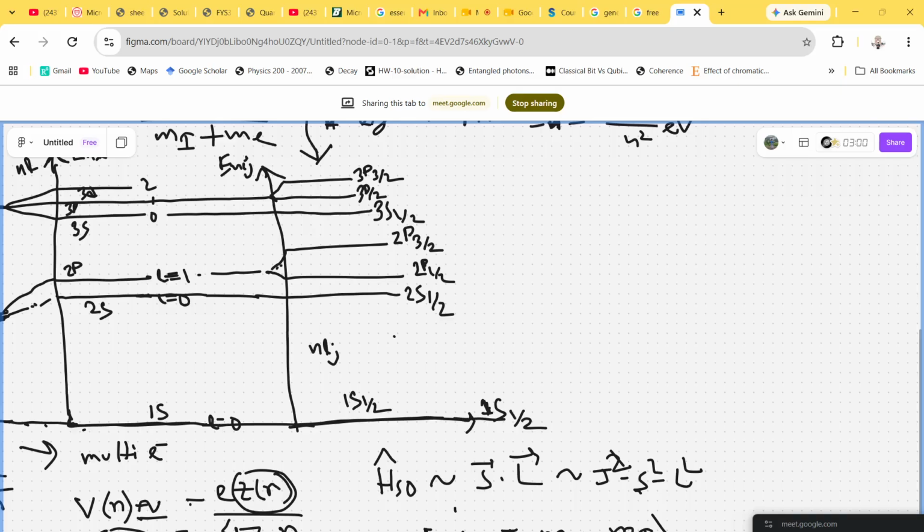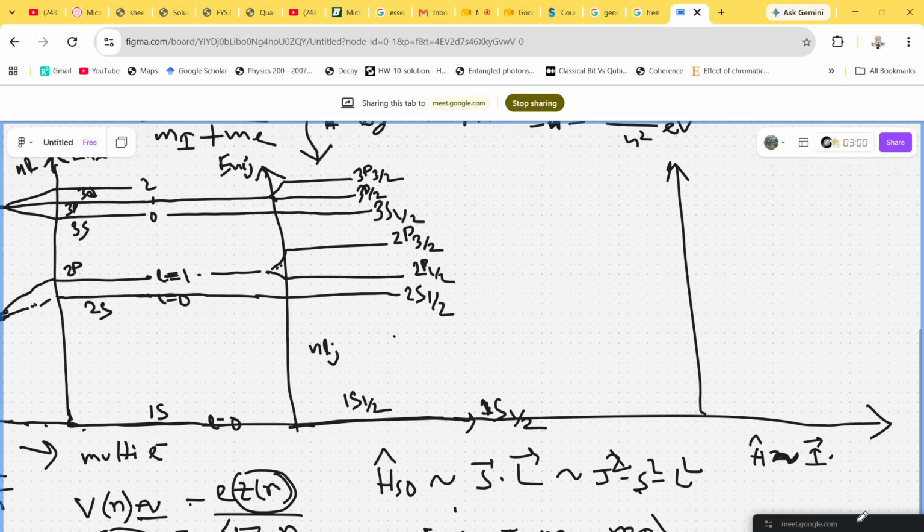Now further they assumed that the electron can interact with the nucleus also. That term also they defined as another Hamiltonian. Similarly, S dot L was spin and orbit for the electron, and now it is nucleus spin and orbit. Nucleus spin is given by I, so this is I dot. Now you don't have L, right?